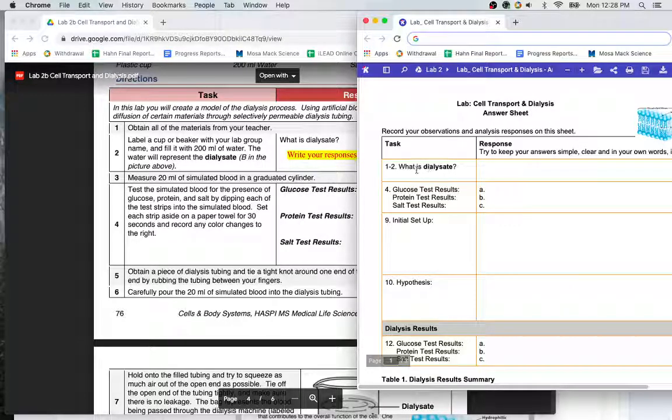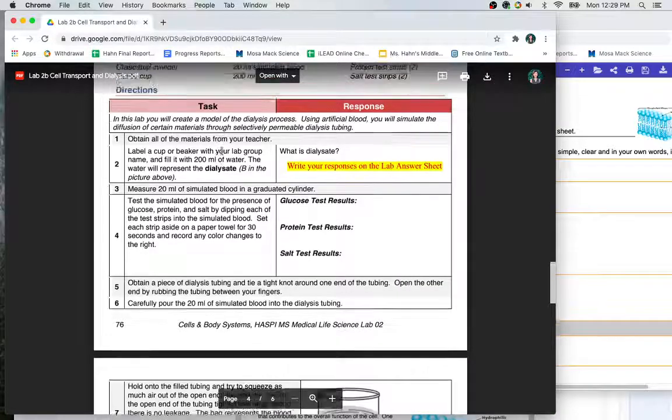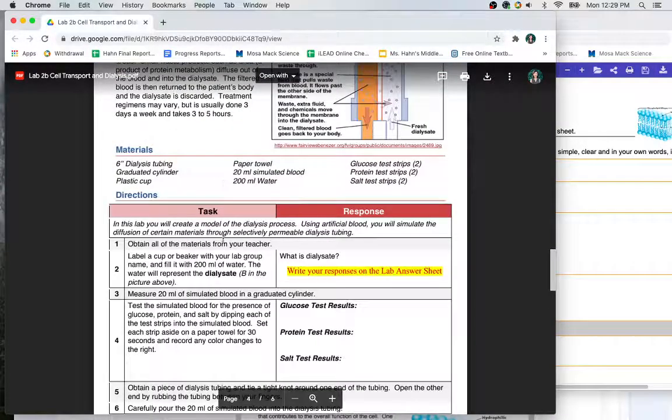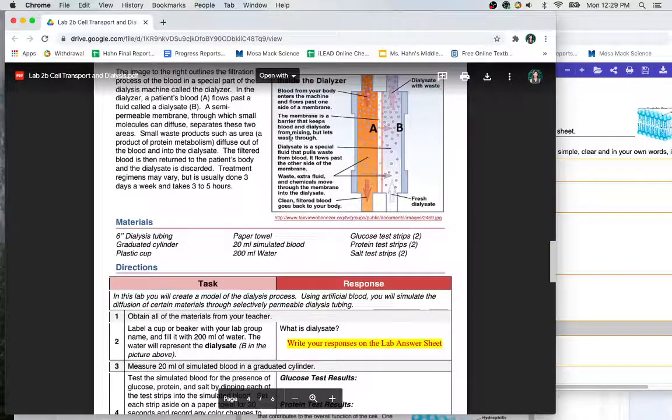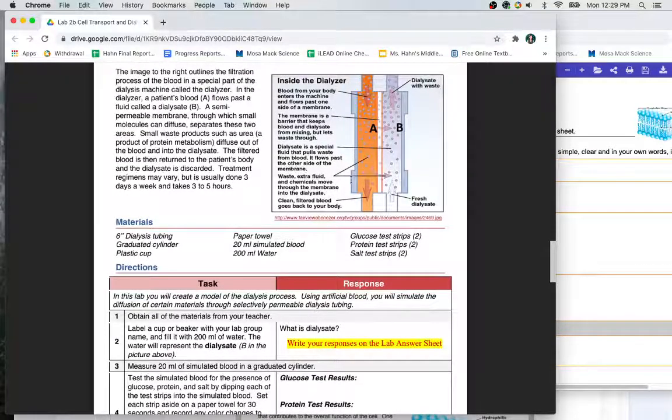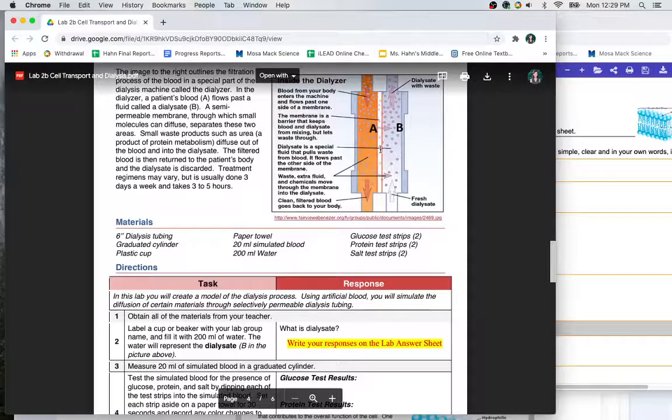This first question is asking what is dialysate, and that's right here. If you're not sure, it's written right here. It talks about what dialysate is, and it's going to pull the waste from your blood because it has a low concentration of waste, so the waste is going to go from high to low.